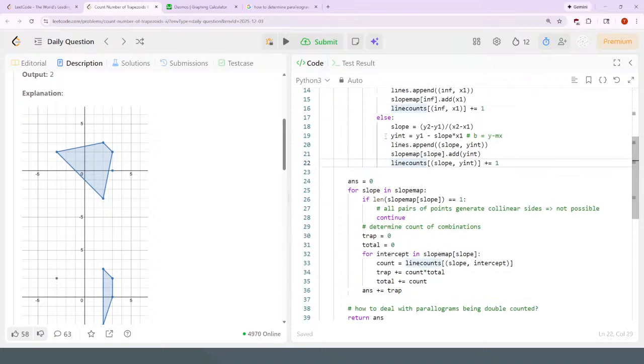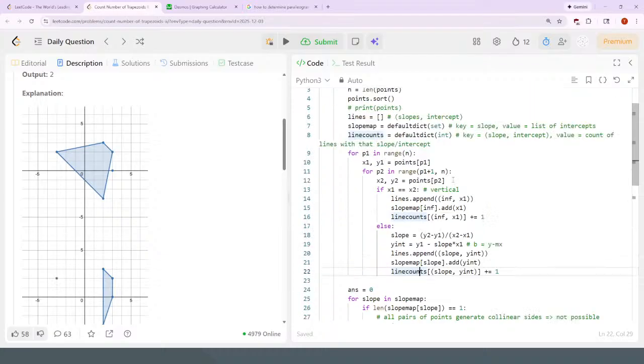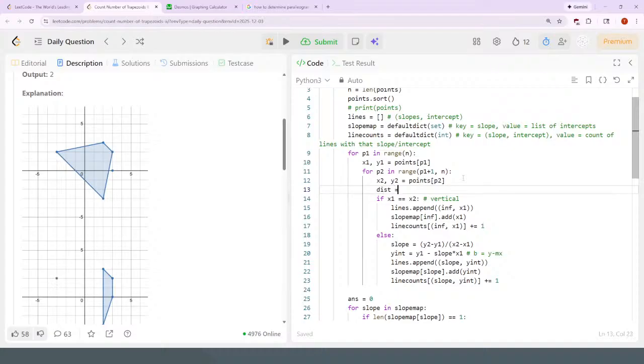Okay, so I need to know the distance between these 2 points. I'll just keep track of the square of the distance, since that's proportional to the distance and also unique to it. So it's the square root of the difference of x squared plus the difference of y squared, right?